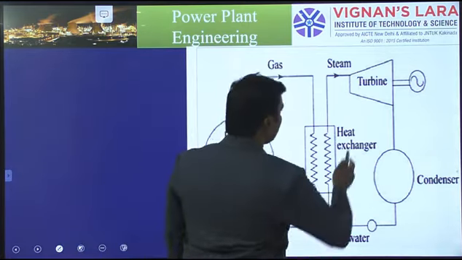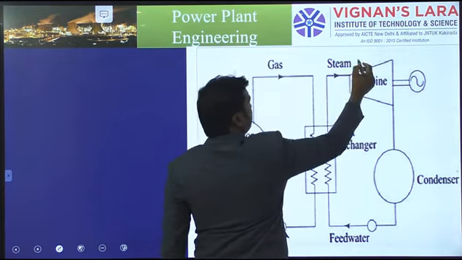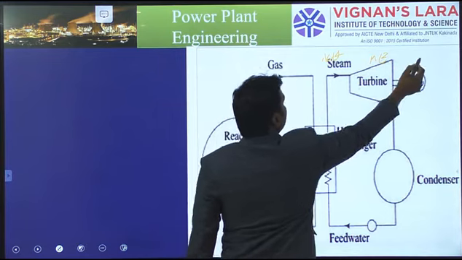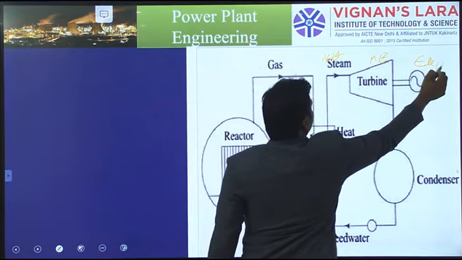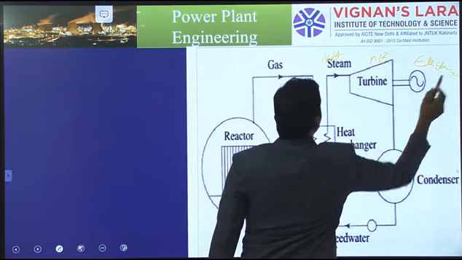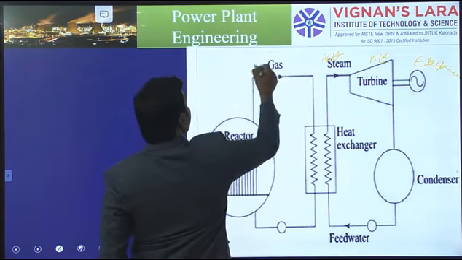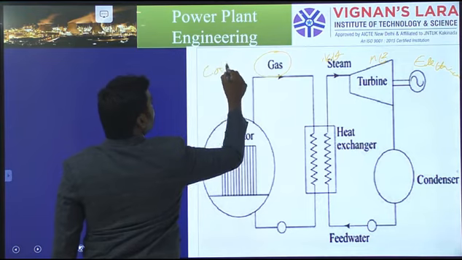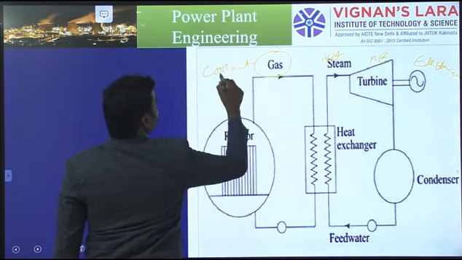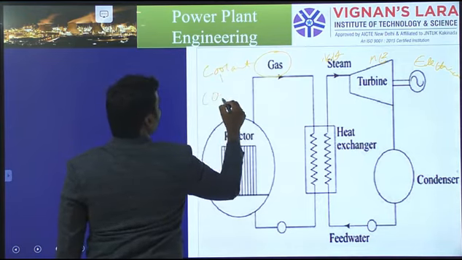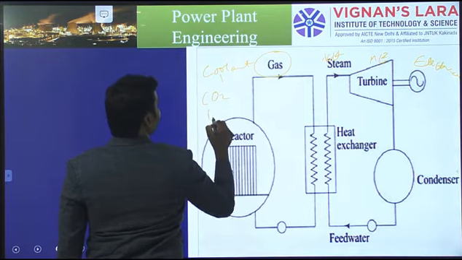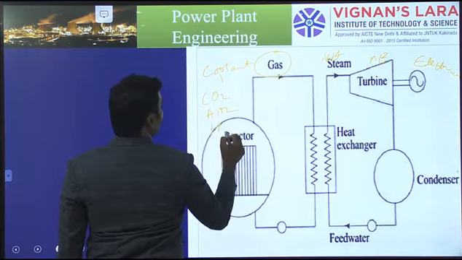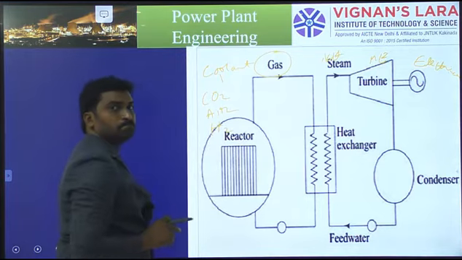The turbine is fixed. Here the kinetic energy drives the turbine as mechanical energy, and the generator produces the electrical energy. So the functioning is the same; the only variation is the coolant. What type of coolant are we using? Generally CO2, carbon dioxide, otherwise air, or sometimes hydrogen.